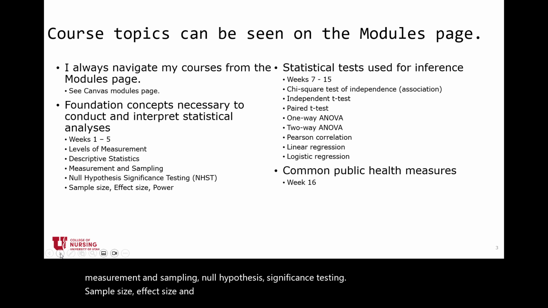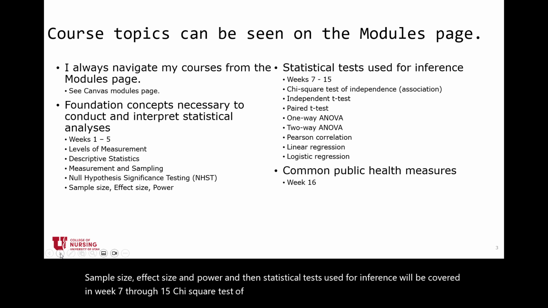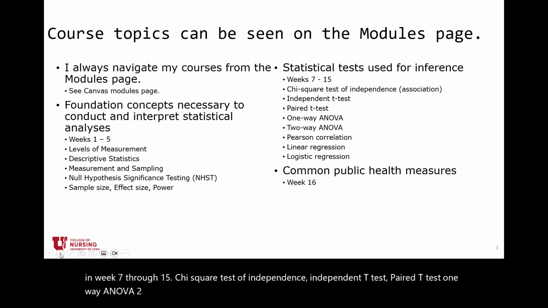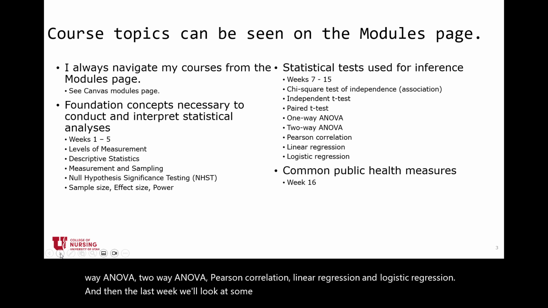And then statistical tests used for inference will be covered in weeks 7 through 15. Chi-square test of independence, independent t-test, paired t-test, one-way ANOVA, two-way ANOVA, Pearson correlation, linear regression, and logistic regression. And then the last week we'll look at some common public health measures.